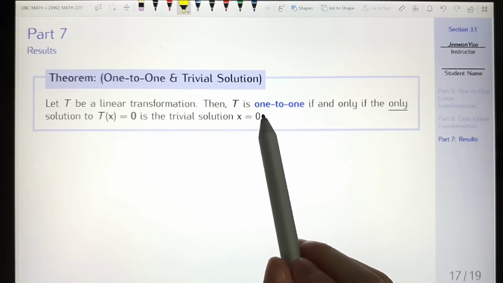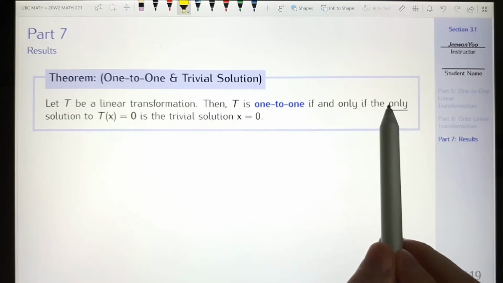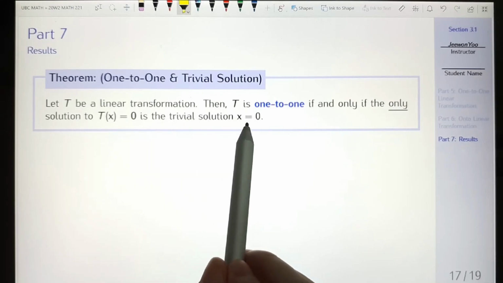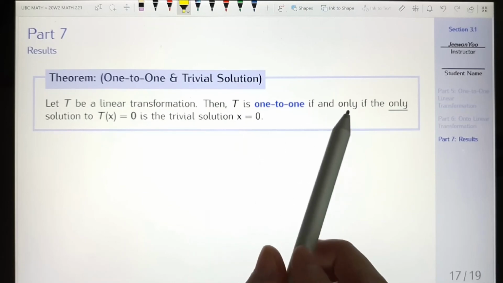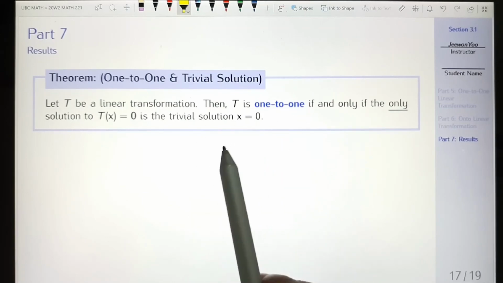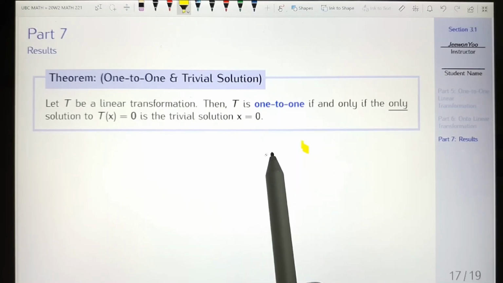What this theorem says is that T is 1-to-1 if and only if the only solution to this homogeneous equation is the trivial solution. You know, 1-to-1 means pivot in every column. Do you understand? Having pivot in every column means linearly independent.